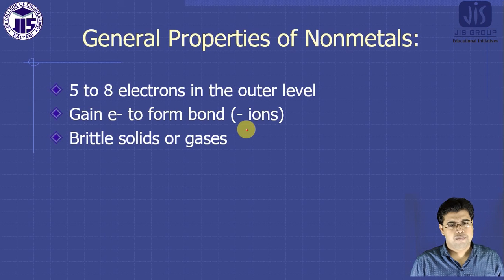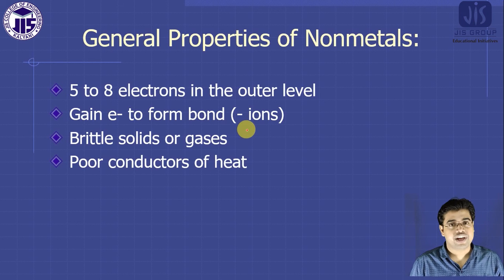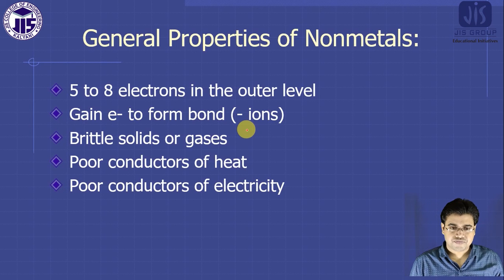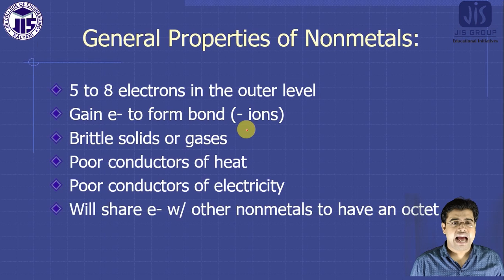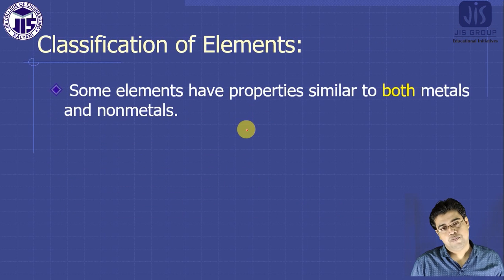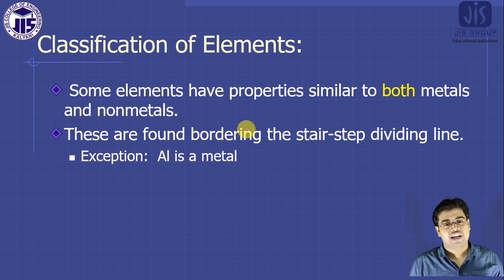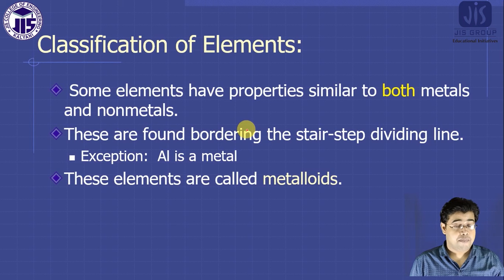They are brittle solids or maybe gases. Sometimes they are poor conductors of heat and electricity also. You have to keep in mind that non-metals are generally poor conductors. Okay, and then there is another category which has both the nature of metals and non-metals. Those are actually called metalloids.